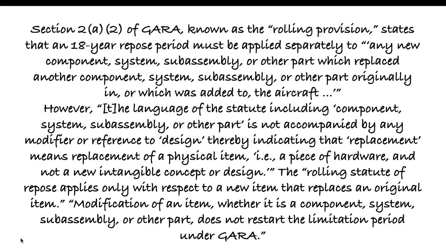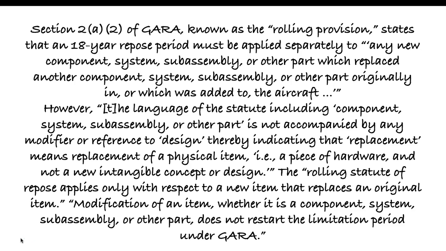Section 2 of GARA, known as the rolling provision, states that an 18-year repose period must be applied separately to any new component, system, subassembly, or other part which replaced another component, system, subassembly, or other part originally in or which was added to the aircraft.